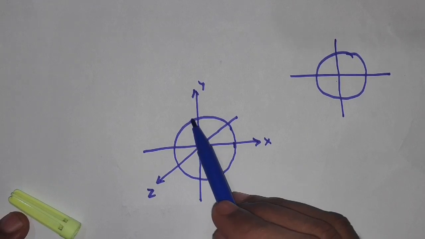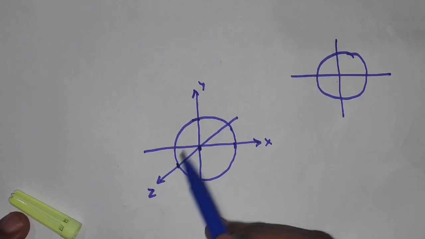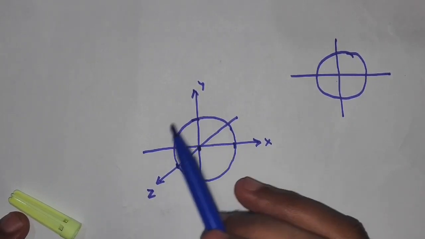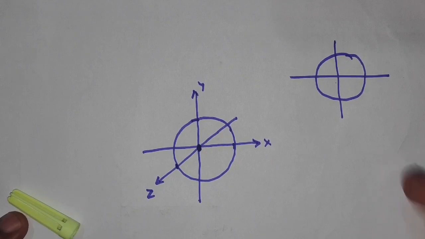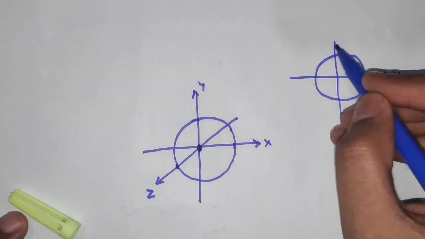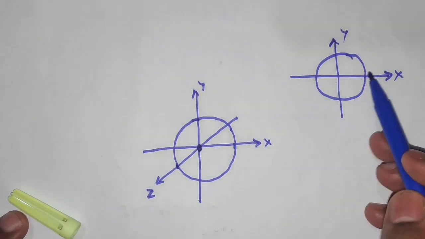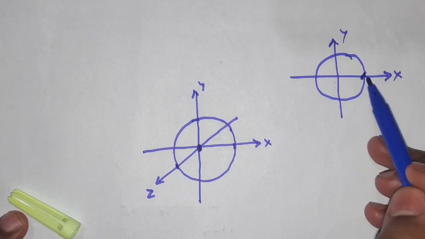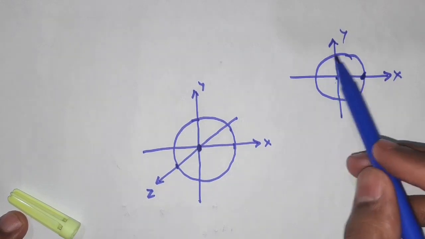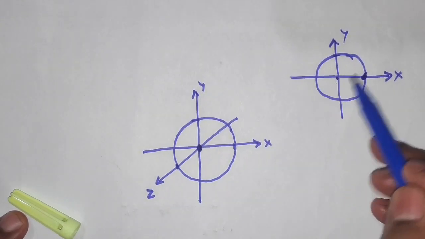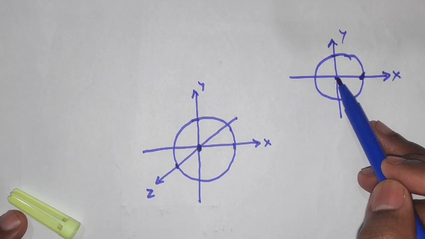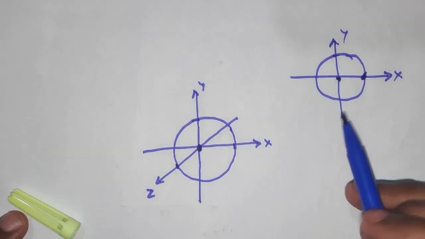The same distance on Y I'll mark and the same distance on Z I'll mark, and when I join these points I'll get a sphere whose center will be the intersection of X, Y and Z. On similar lines, when I take the X axis and Y axis on a 2D plane, the shortest distance when I cut from the intersection on the X axis and Y axis and join it, I'll get a circle on a 2D plane. So the center of this circle will be the intersection of the X and Y axis.